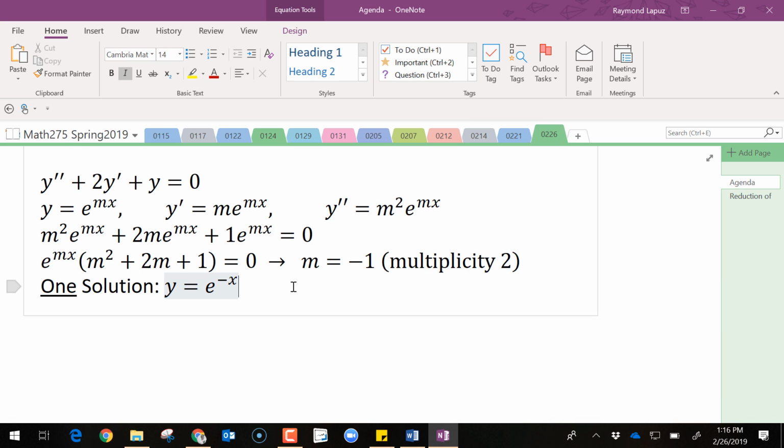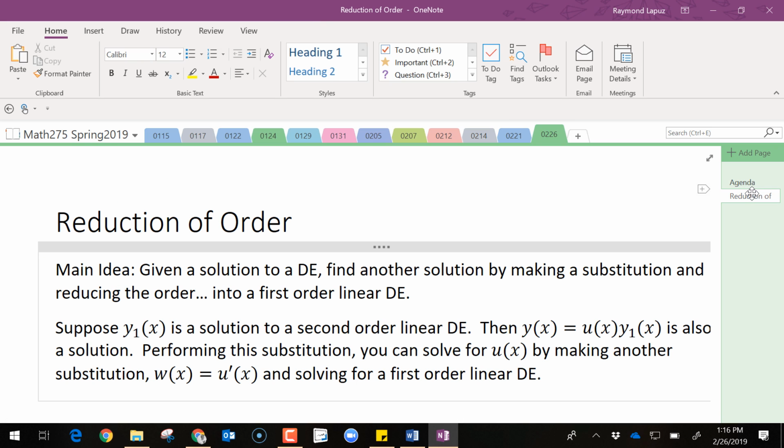We could. I don't know if that's going to help. So we go to section 4.2. Section 4.2 tells us that if we have a solution to a differential equation and we want to find another solution, which somehow is eluding us at this point, then we can do this thing called the reduction of order.